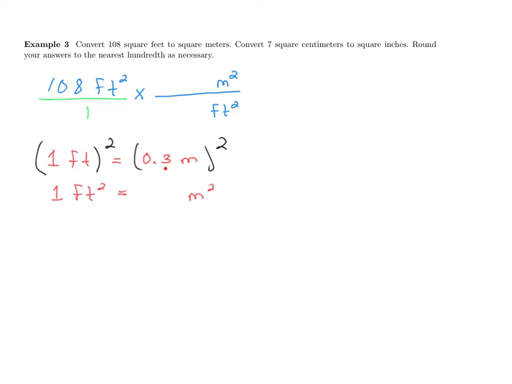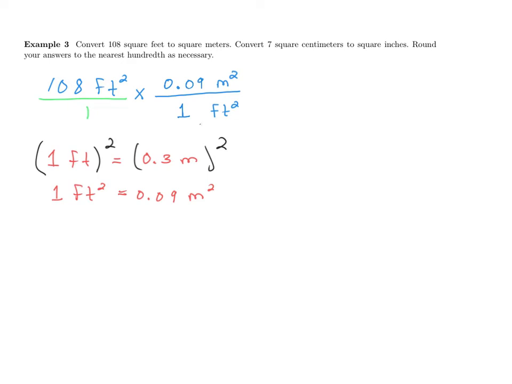Well, 3 times 3 is 9, and there's a decimal point for each number, which means there'll be 2 in your answer. 0.3 squared is 0.09. This will allow us to figure out this conversion factor. For every 1 square foot, there are 0.09 square meters.